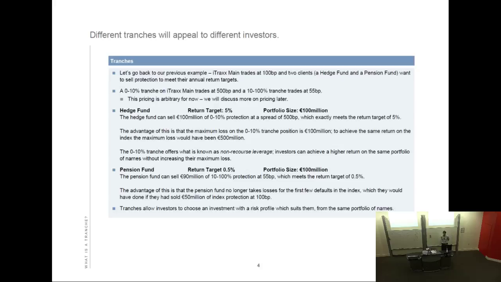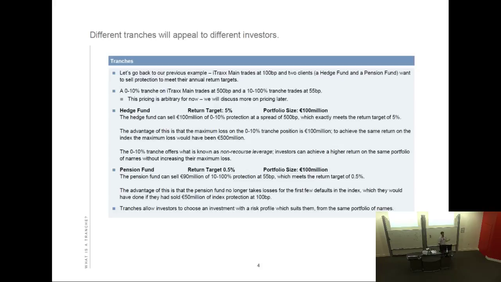Okay, so these are classic examples, and they're actually very close to how people trade tranches in reality. And these are the main motivations behind why it makes sense to tranche up portfolios. It's just to meet individual investors' risk-reward targets.